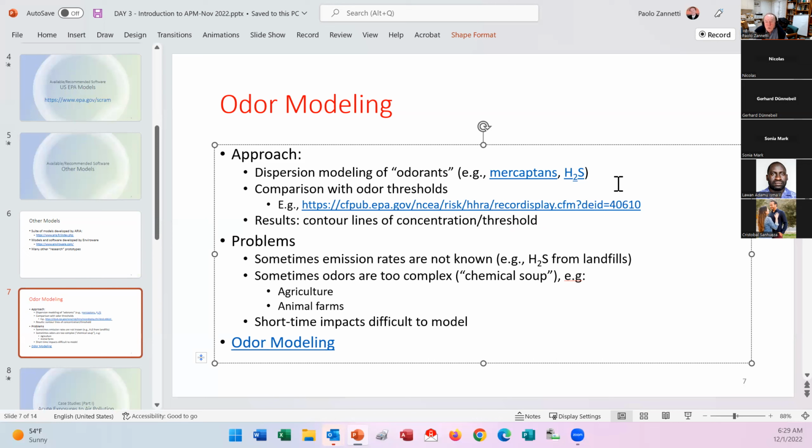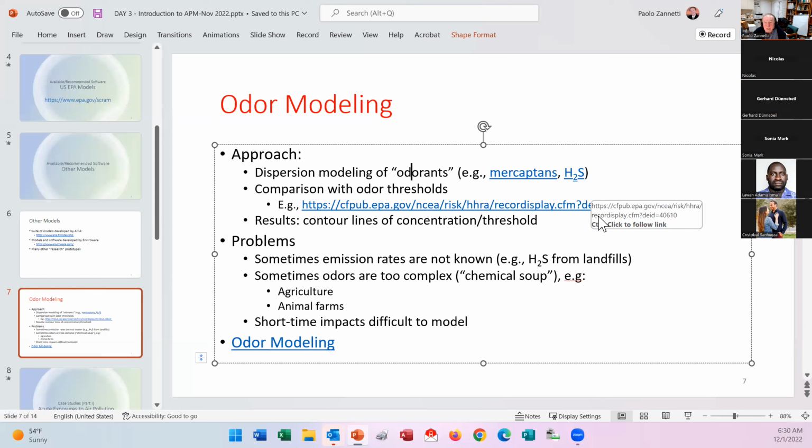But it's very confusing. If you work in the future in this field, don't be surprised to find a lot of confusion on the odor thresholds. Some people can smell H2S at 5 ppb, parts per billion. Other people can smell it at 100 ppb.